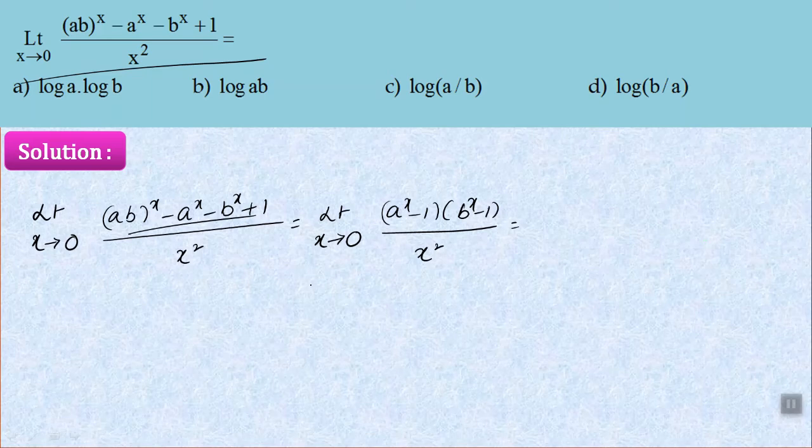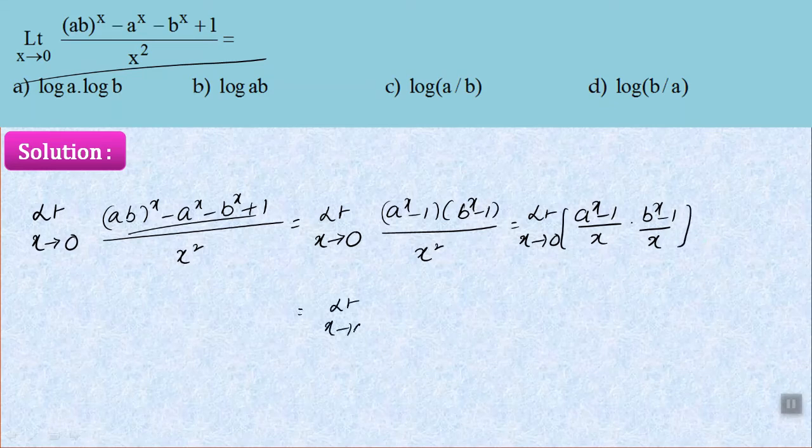This equals to limit x tends to 0, a power x minus 1 by x into b power x minus 1 by x. Now applying the limit, that equals to limit x tends to 0, a power x minus 1 by x into limit x tends to 0, b power x minus 1 by x.